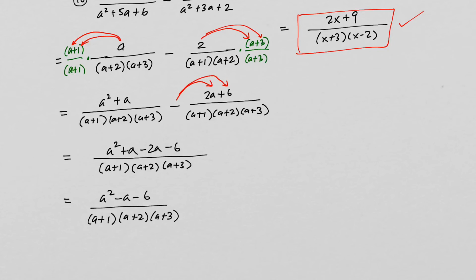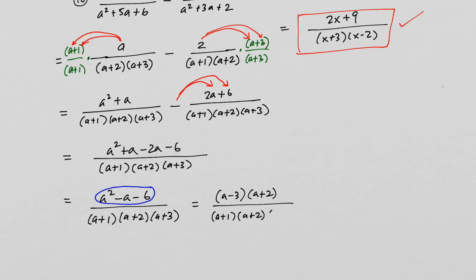And this is essentially our answer. But we have to check to see if we can reduce it. And so, can we factor this? The answer is yes. And if you do, you get a minus 3 times a plus 2 over the common denominator.